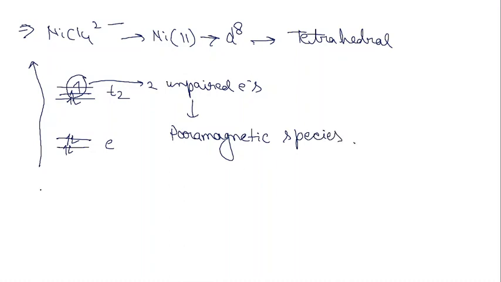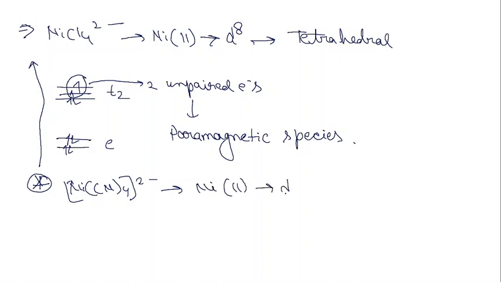Now I am moving to another example, Ni(CN)4 2 minus. Here nickel is also in the 2 plus oxidation state, d8, and the geometry is square planar. Now we will fill the electrons in a square planar field.